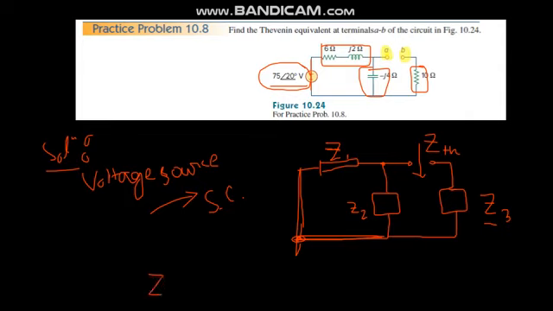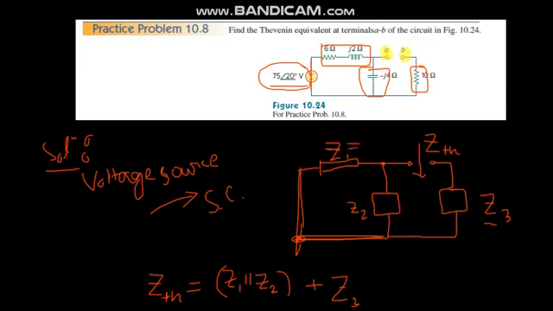So Z Thevenin is equal to Z1 parallel to Z2, then in series with Z3.